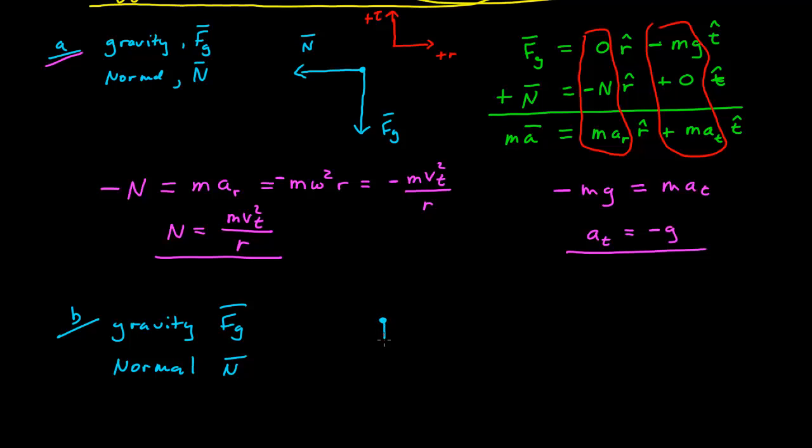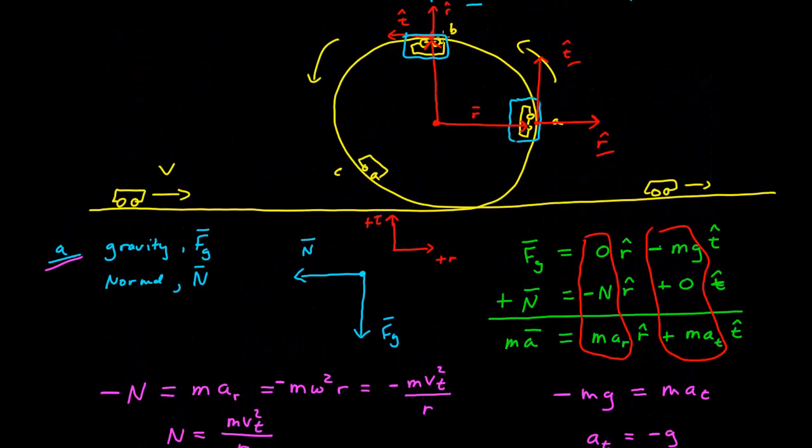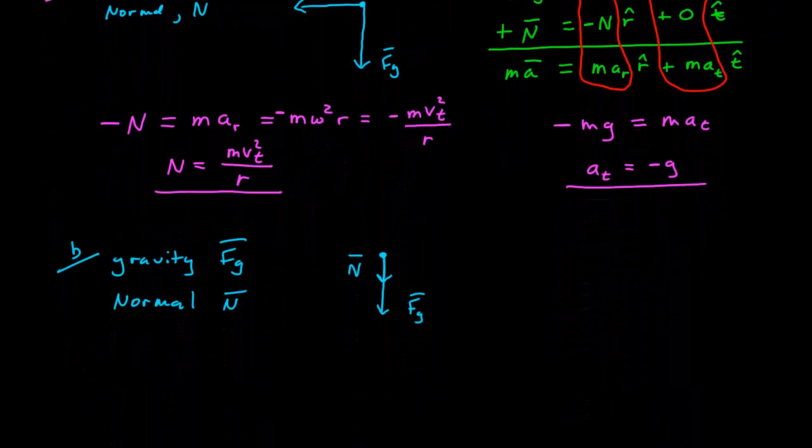So now we have, again, our force due to gravity, which is down. But at the top of the loop, the normal force is always also pointing down, because it points perpendicular to the surfaces of contact from the agent to the object, from the track to the car, which is down.